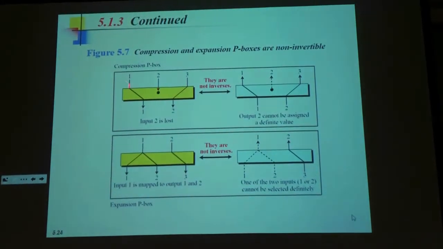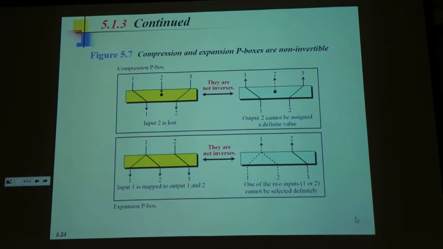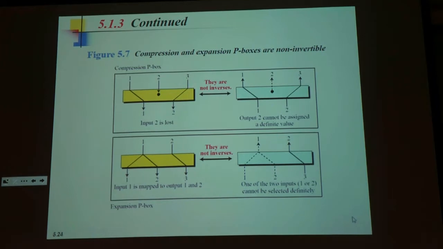So look at this compression. 2 is lost. How can I invert it back? I have no data. I lose the data. How can I invert it back? Cannot invert back. How about the expansion? So 1 went to 1 and 2, right? Now, is it 1 or 2? It's not determined, so you cannot invert it for sure, right?